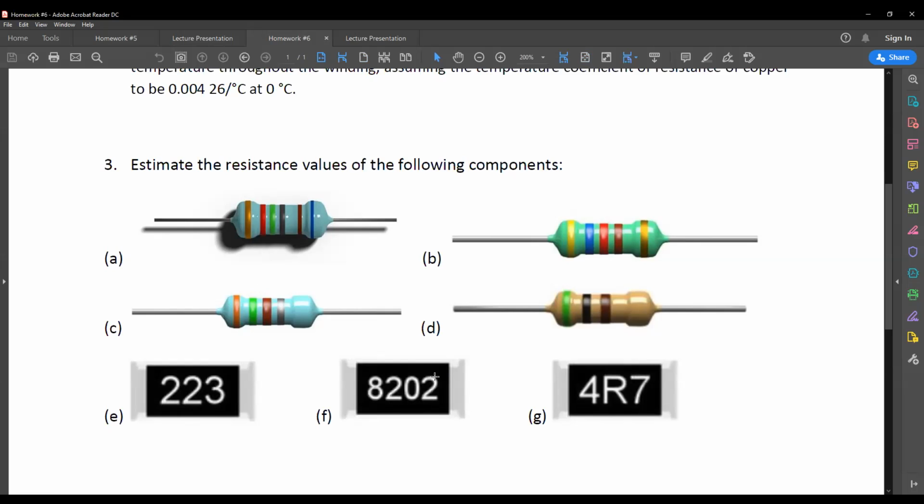So you have the first 2 digits times 10 to the power of the last digit. If you have the code that we talked about, with R and K and M, can you remember which value of resistance this is when we have R? 4.7. 4.7 ohm, right? That's correct. So this should be straightforward.